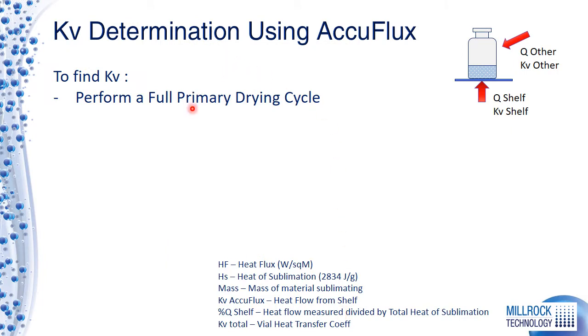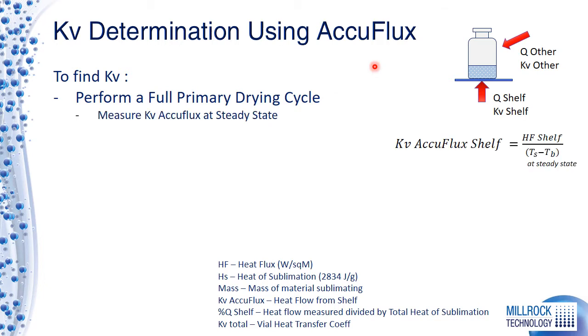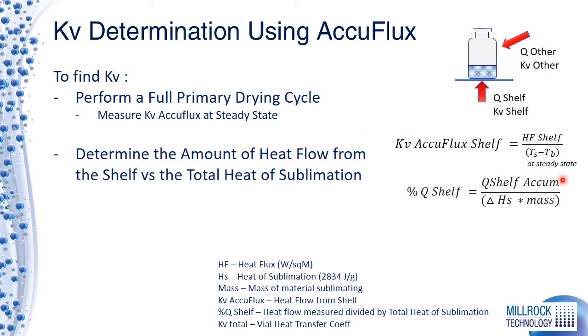We perform a full primary drying cycle, and we measure Kv Accuflux at steady state. So at a point in time where we've reached steady state, where the shelf has gotten up to temperature, the product has stabilized, we're actually measuring the Kv from the shelf using the heat flow sensor. We determine the amount of heat flow from the shelf during the entire run.